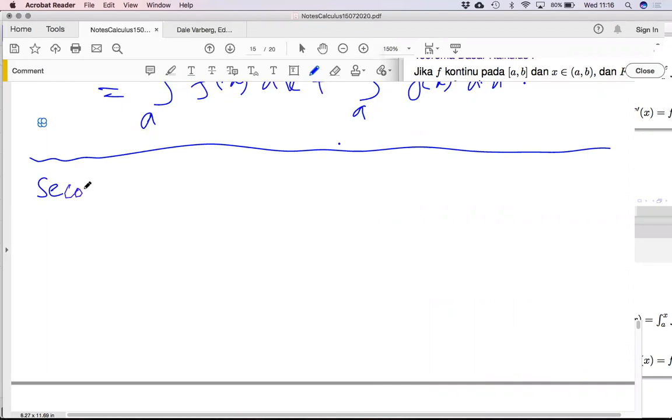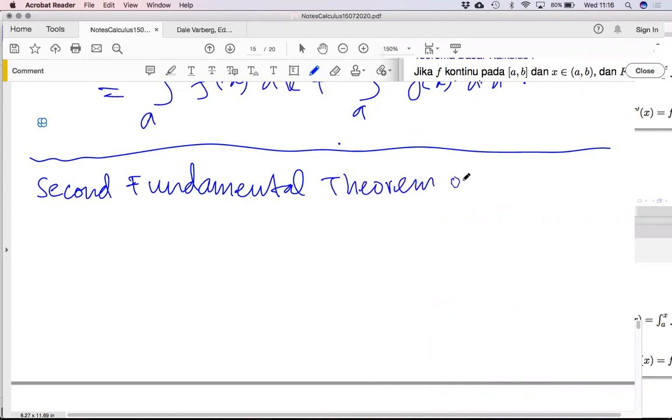Second fundamental theorem of calculus, or FTC2.